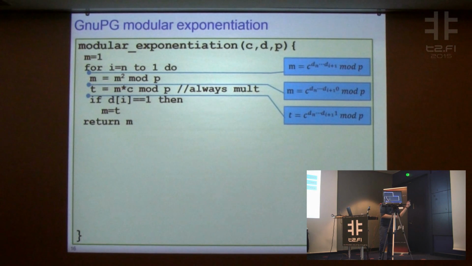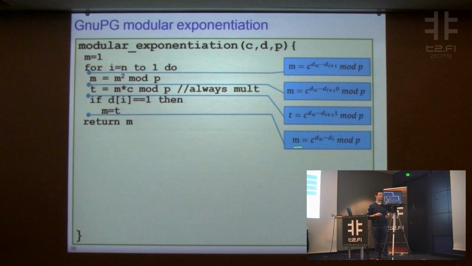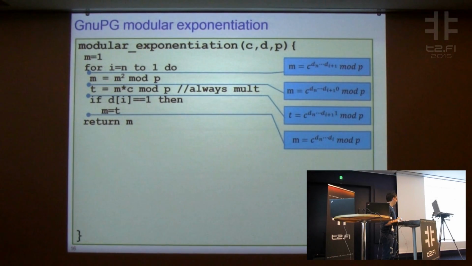And at this point, m is either replaced with the value of t if the current bit of d is 1, or remains the same if the current bit of d is 0. So in either case, at this point m equals C to the dn through d(i) modulo p. And after running all the iterations of this loop, m is going to be equal to C to the dn through d1 modulo p, which is C to the d modulo p.